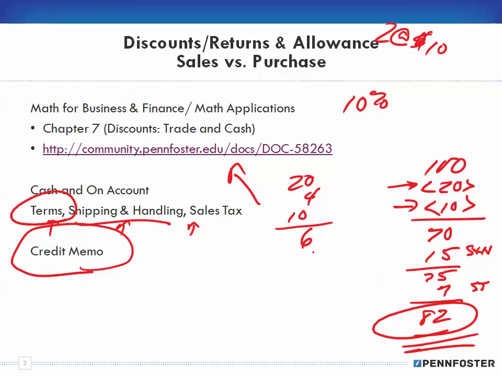And I'm not returning shipping and handling, since once it was shipped, we don't get it back. I'm just going to make that assumption. So then we only have to take the tax on this $6 at 10%, which is 60 cents. So the total credit that we're going to get back is $6.60.